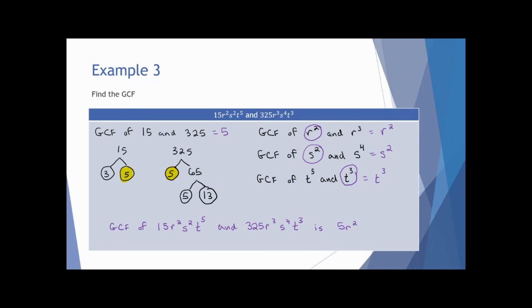Then I have R squared S squared T to the 3rd. So I'm just taking my 5, my R squared, my S squared, my T to the 3rd, and you just combine them all together, and that is your greatest common factor.